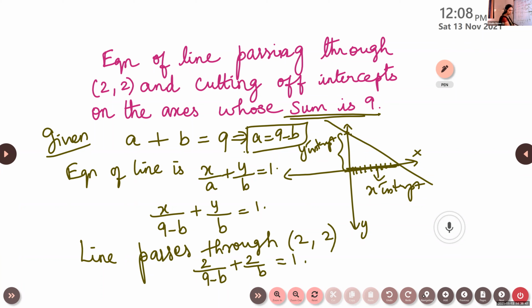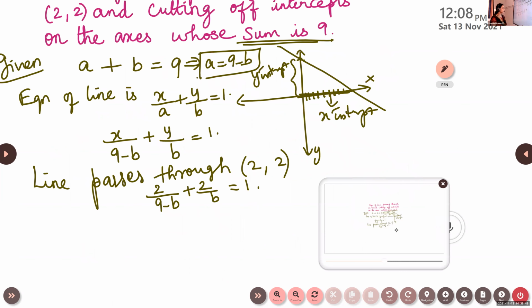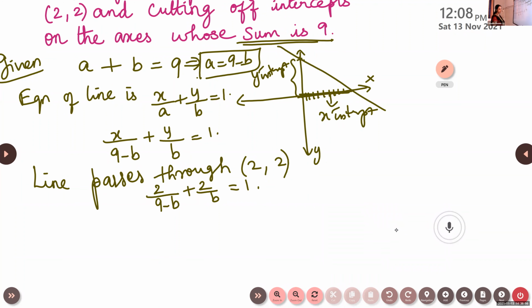Now you simplify, you'll get a quadratic equation. Solve it, you get 2 values for B, and from there you find the values of A. Up to this point, is it clear, children? Any doubt up to this?